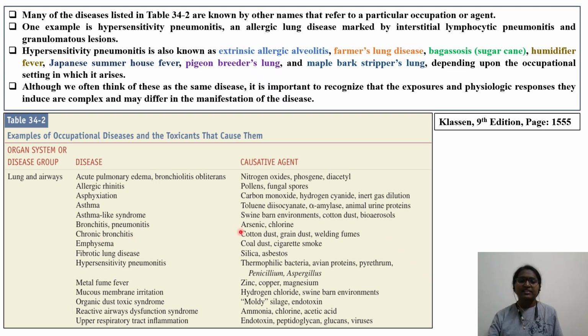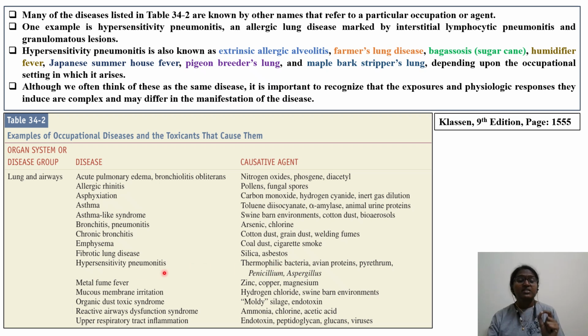Bronchitis, pneumonitis, which is caused by metals, arsenic and chlorine. Chronic bronchitis: cotton dust, grain dust, welding fumes. Okay, emphysema: coal dust, and cigarette smoke is also another thing which is causing emphysema. Then fibrotic lung disease: silica, asbestosis. Many questions in the exam you will get on asbestosis as well as silica.